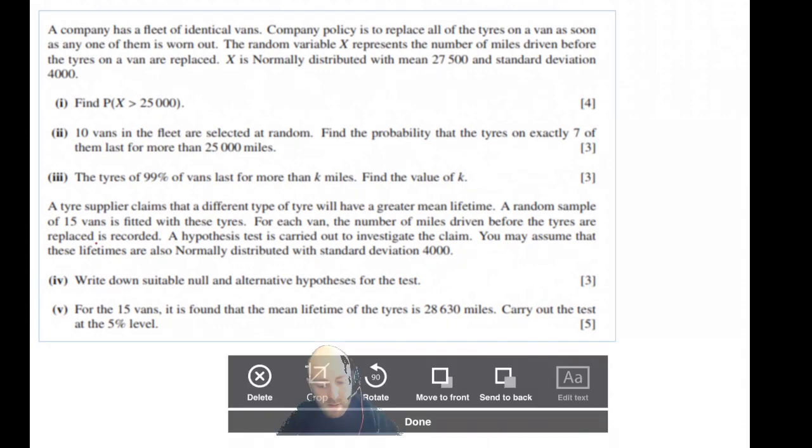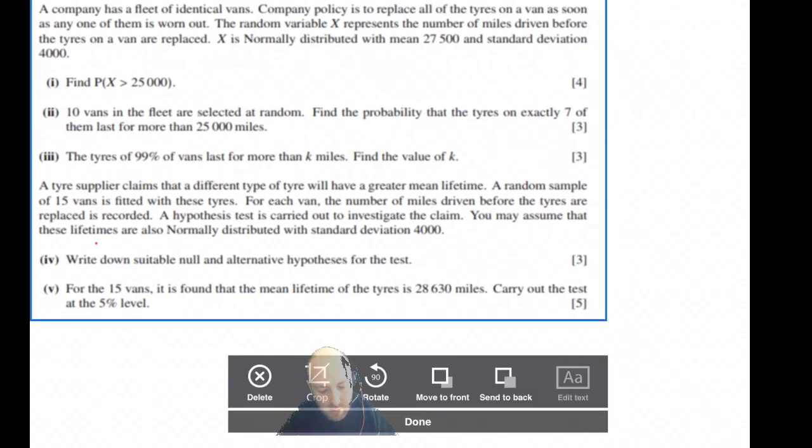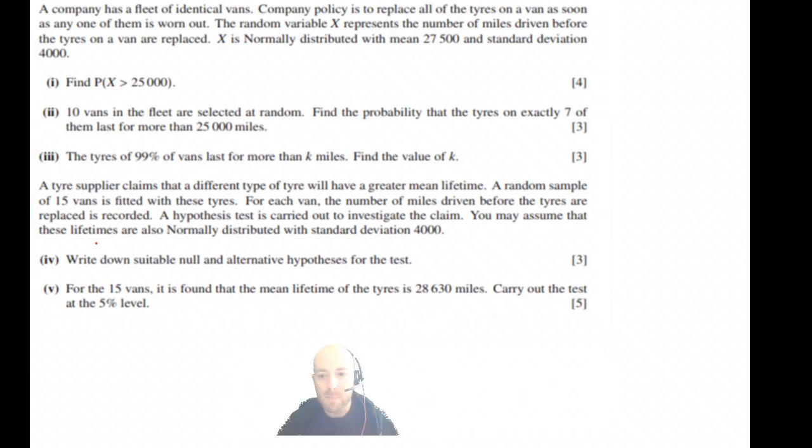This is from the old A level, from years ago. So the marks are probably a bit inflated, but we got a 10, 15, 18 mark question. I'll give you some tips for it. Let's just have a read through.